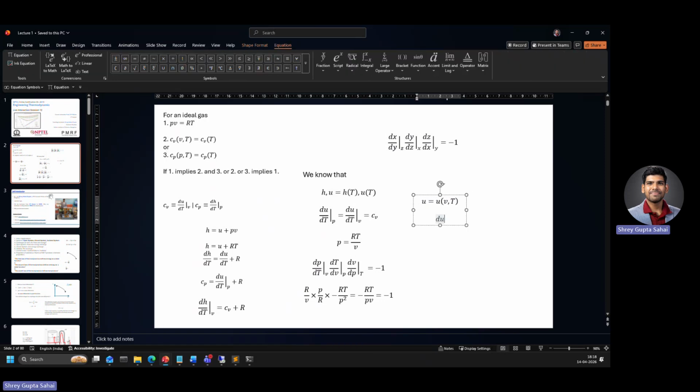Now, dU by dT at constant P plus a similar thing, slightly changed.